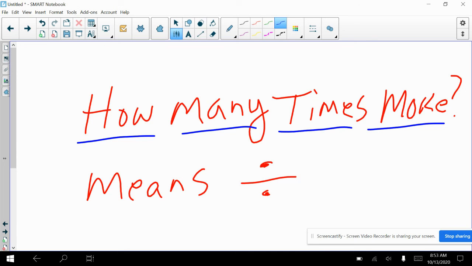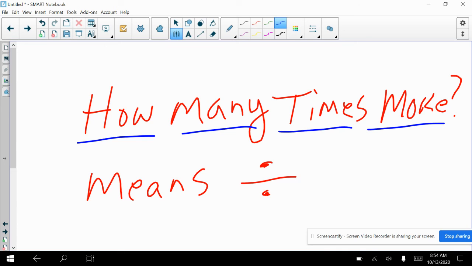Okay, just want to throw that out there because that is a commonly missed term. A lot of you wonderful people want to do what? Multiply because you see the word times. Okay, it simply means how many times more, how many times bigger is something. You're comparing something that is being enlarged.